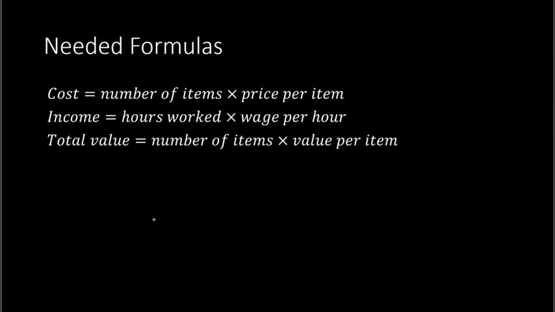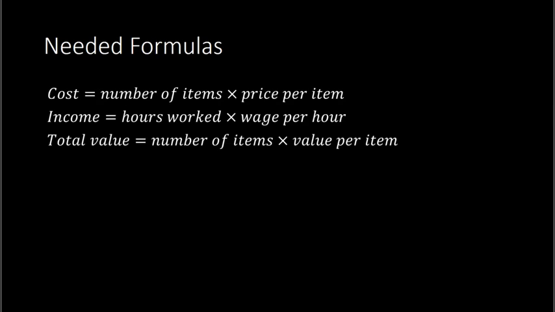You take the number of shoes times the value per shoe. So if you had 100 shoes and each one sold for $50, the value would be 100 times 50. The number of items is 100, and 50 is the value per item. And you multiply to get the total value.